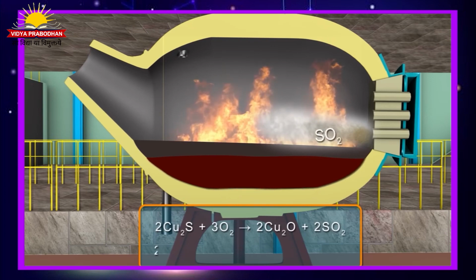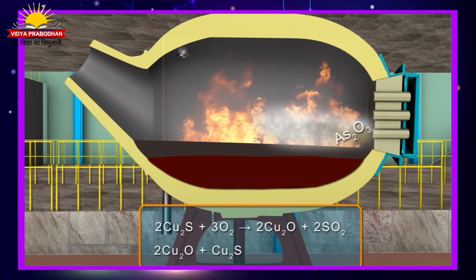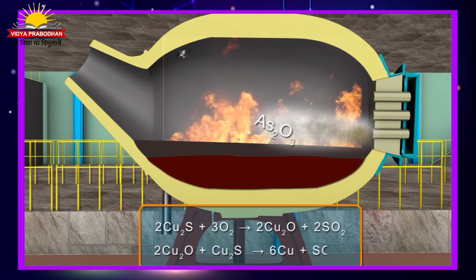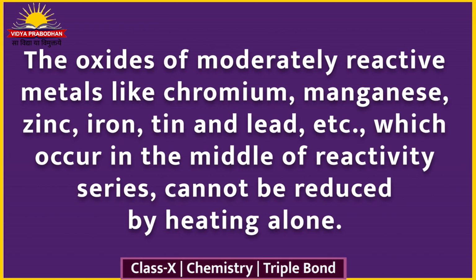In the absence of air, copper 1 oxide formed here reacts with the remaining copper 1 sulfide to form copper metal and sulfur dioxide.